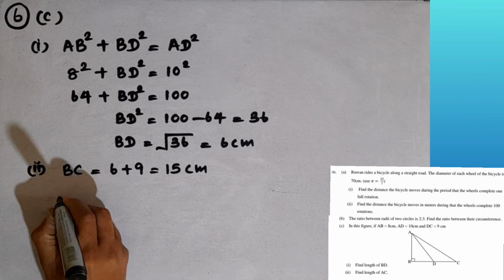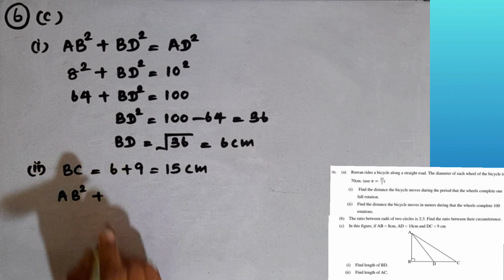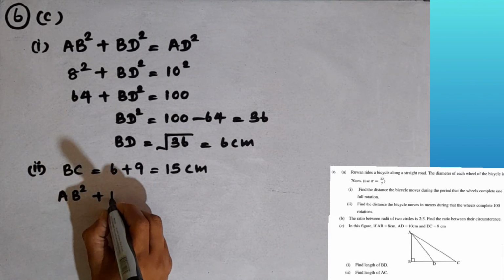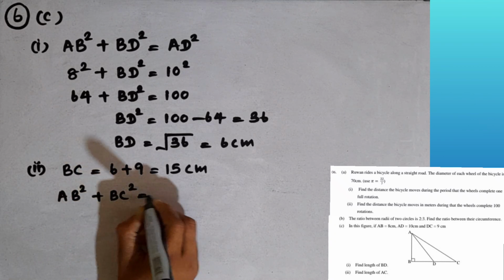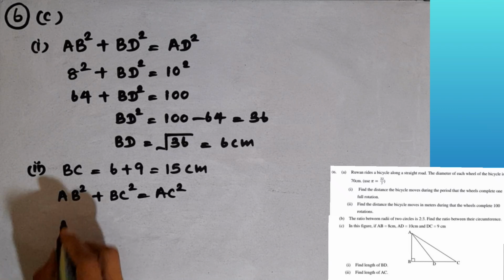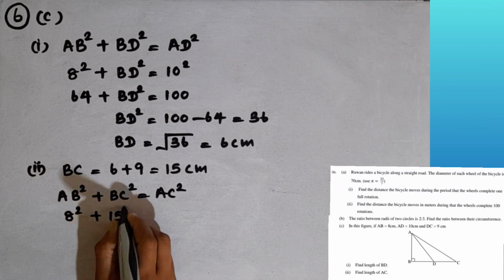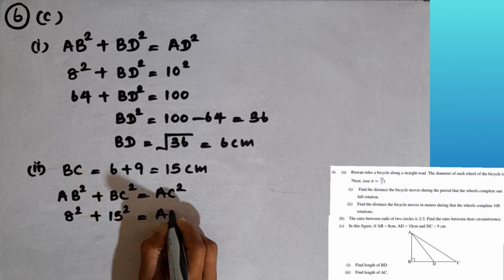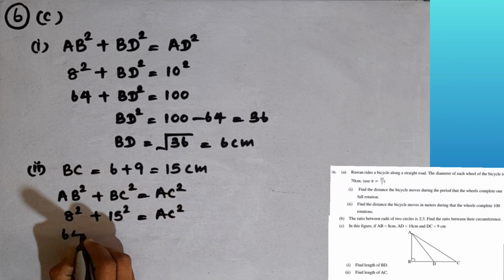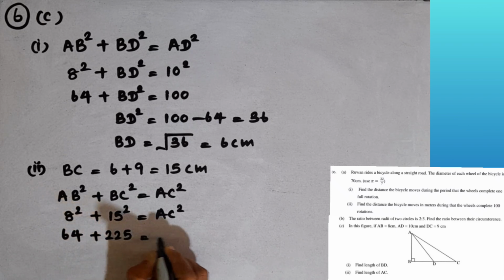I can write AB squared plus BC squared equal to AC squared. AB is 8, so 8 squared plus BC is 15, 15 squared equal to AC squared. 64 plus 225 equal to AC squared.